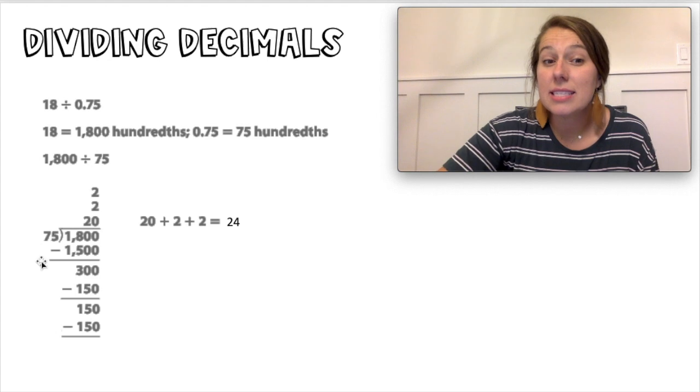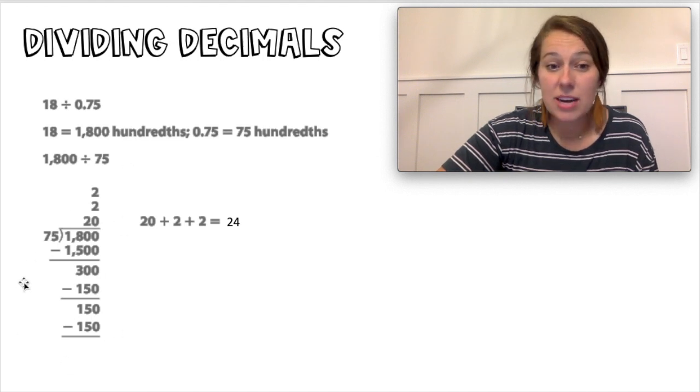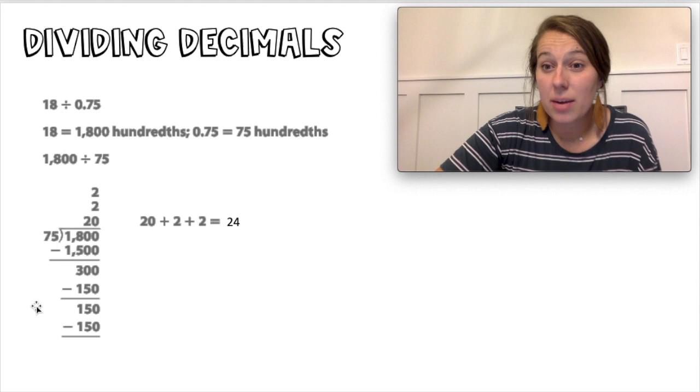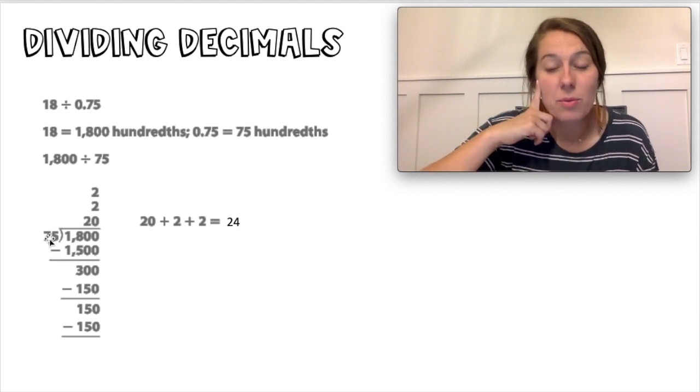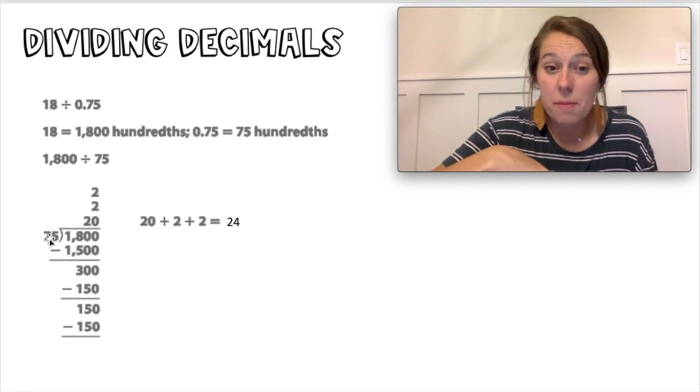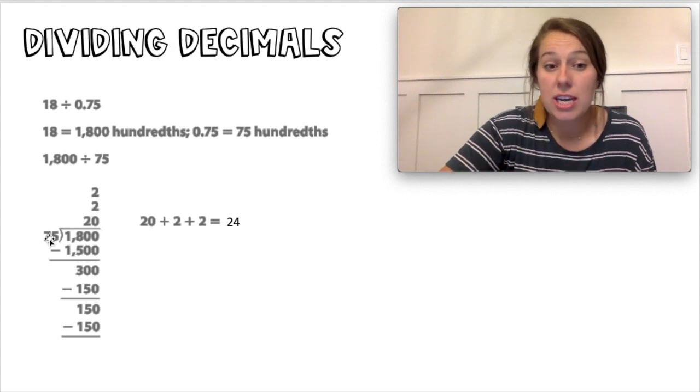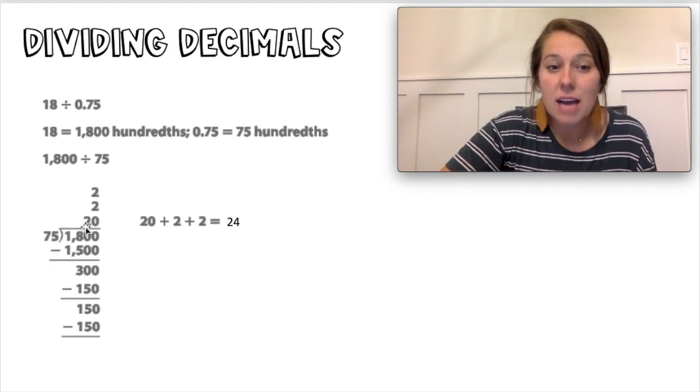Since I changed 18 ones into 1,800 hundredths, I do not have to put a decimal in my equation. Now I'm going to think back to when we talked about dividing whole numbers, and use that same strategy. 75 times 20 gives me 1,500.